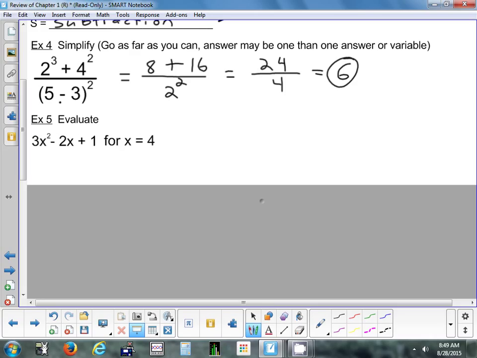Yeah, I want you to plug in the x for 4. They want me to plug in 4 everywhere I see an x. So that's the very first thing I'm going to do. So instead of 3x squared, I'm going to have 3 times 4 squared, minus 2 times 4 plus 1.